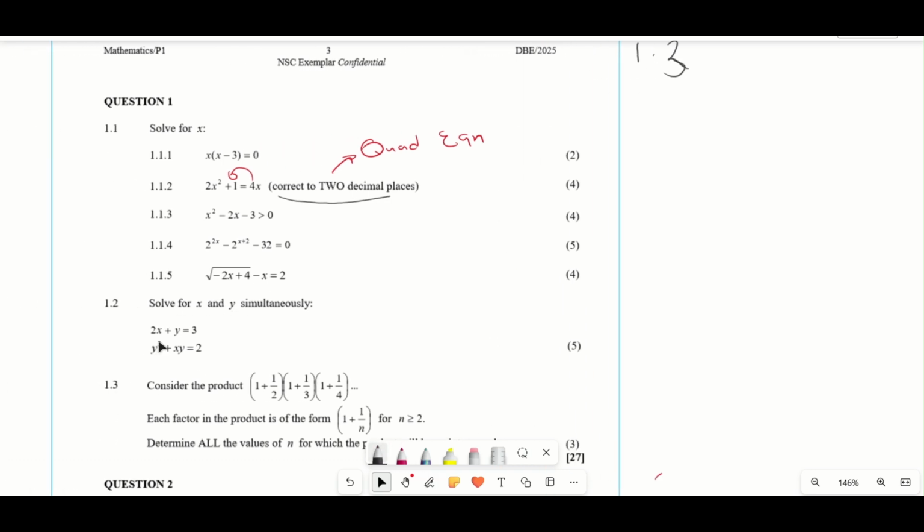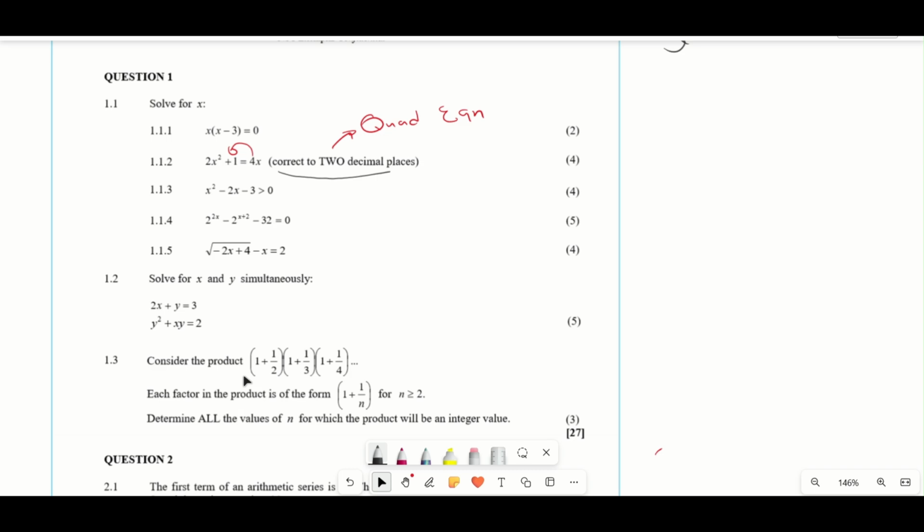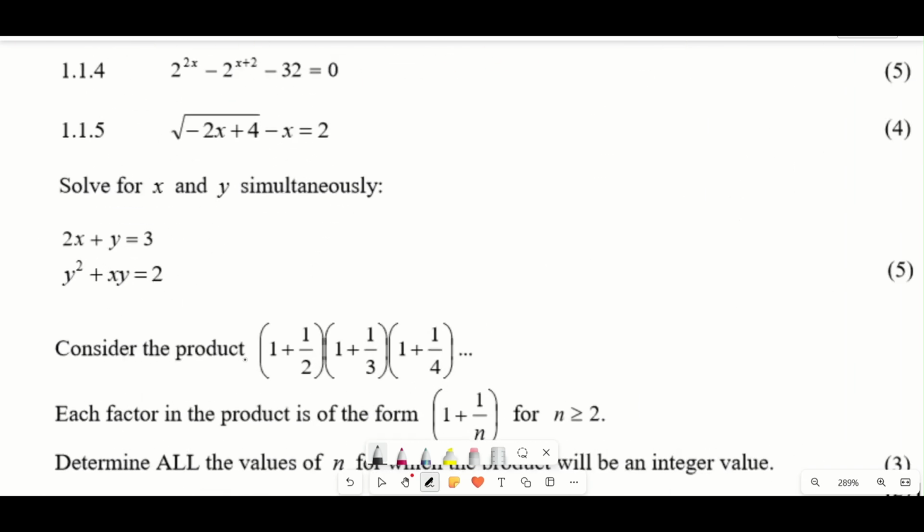Okay, so 1.3, they're saying consider the product, right? Remember, I've always made emphasis on these words that they will always come out: words like integers, product, products, divisions, different types of numbers like your real numbers, your integers.